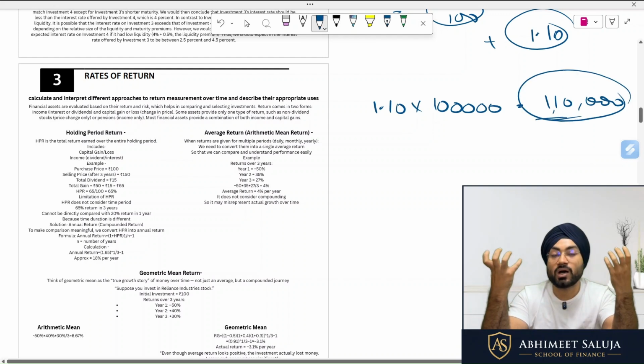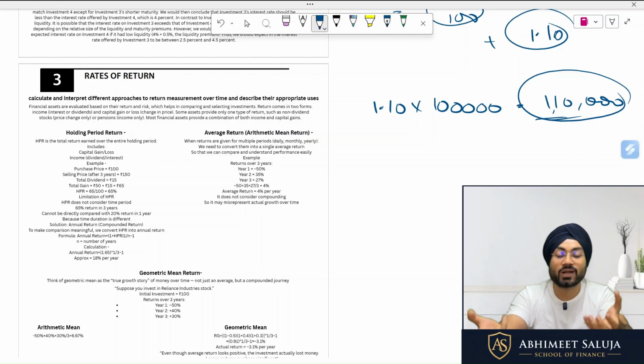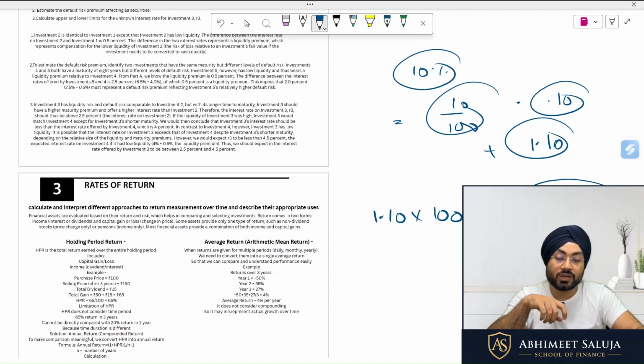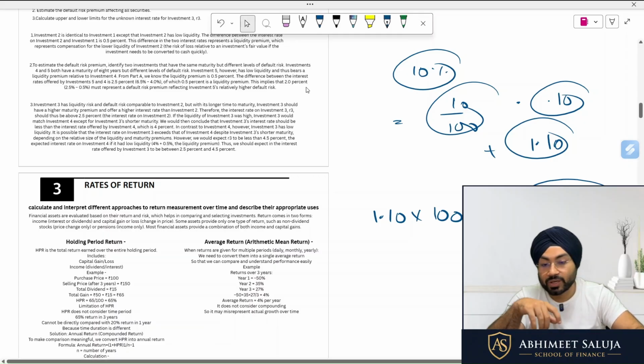This is how we make factors of the percentage form in the CFA curriculum. We often divide or discount by factors. The 1 is added just to protect the principal amount, so we don't have to add the principal amount again.